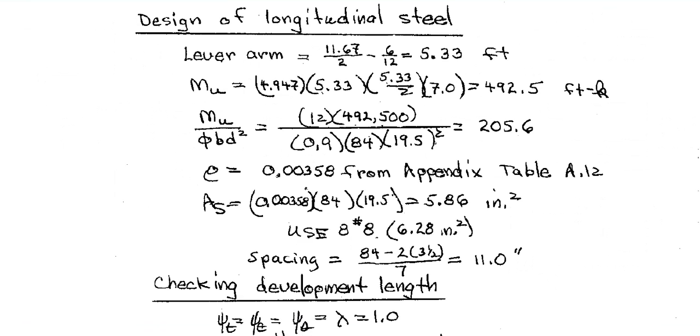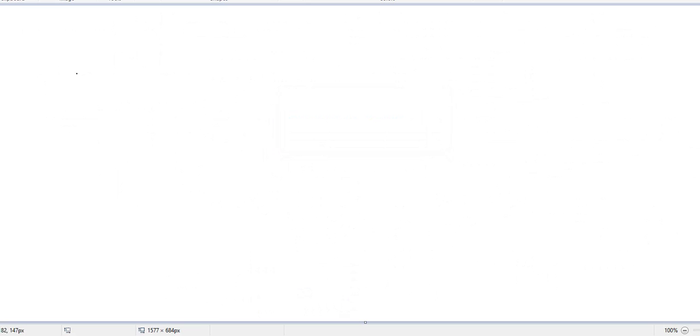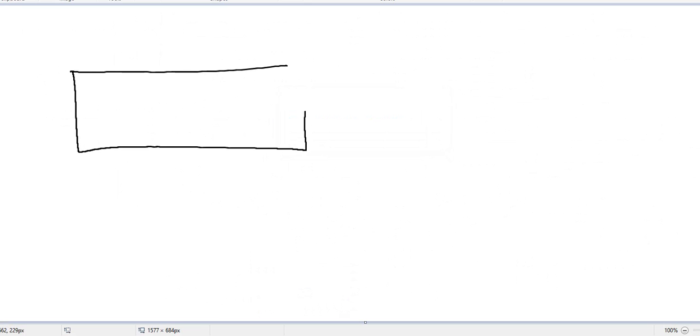Do not make this mistake with 7, because we are assuming the entire width as my B. Now you can assume here 1, 1 means 1 feet. 1 feet is a strip. Then whatever reinforcement you get is for 1 feet. Then you will copy paste in the entire width. To explain that better, this is your footing.